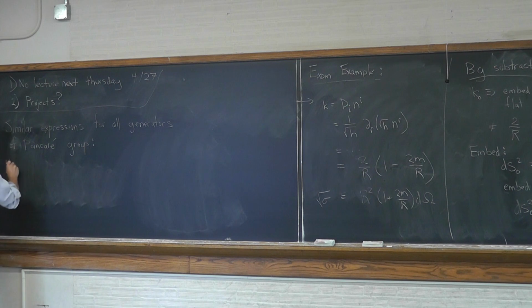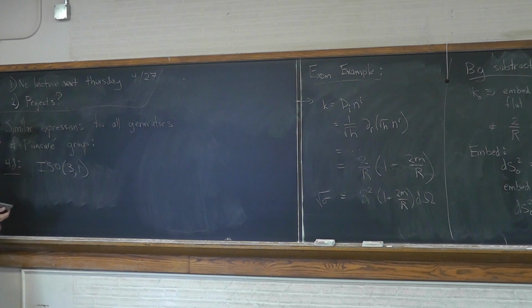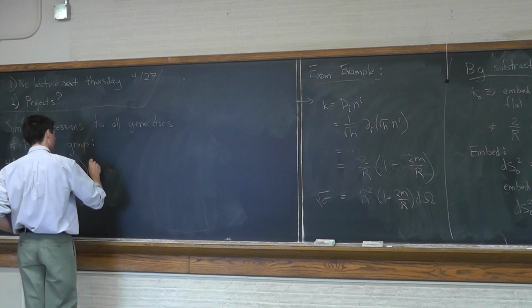In 4 dimensions, well, in general, the Poincare group is the Lorentz group together with the translations. So, for example, in 4 dimensions, this group is sometimes called ISO(3,1). The Lorentz group is SO(3,1). The I is just there to remind you that there are translations.